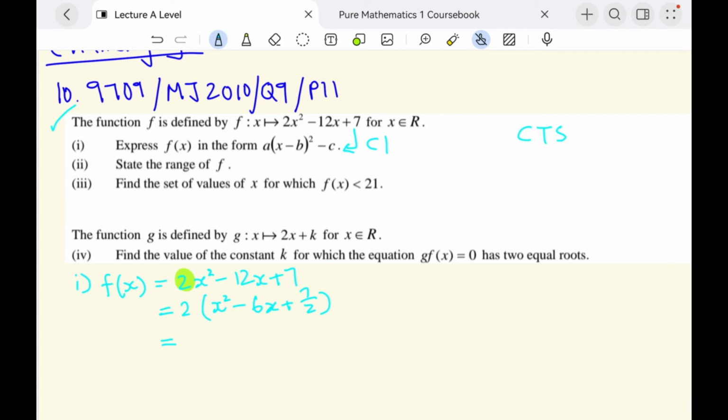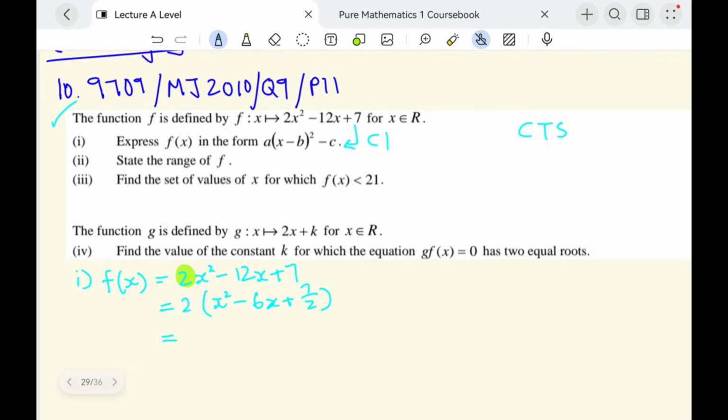Okay, now it's time for applying the CTS method. Okay, add the -6/2 at both sides. I mean plus and minus, in order for you to complete the square at the first term.